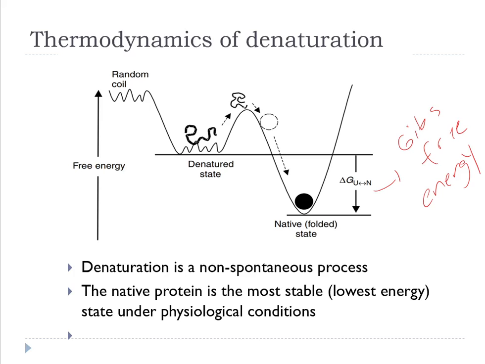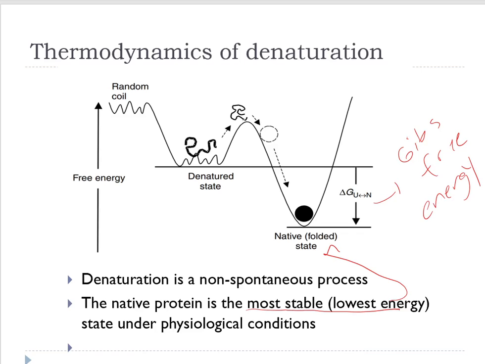The native state is thermodynamically the most stable state with lowest feasible free energy. Any change in conformation away from this native shape will represent an energy cost. So denaturation brings an energy cost.